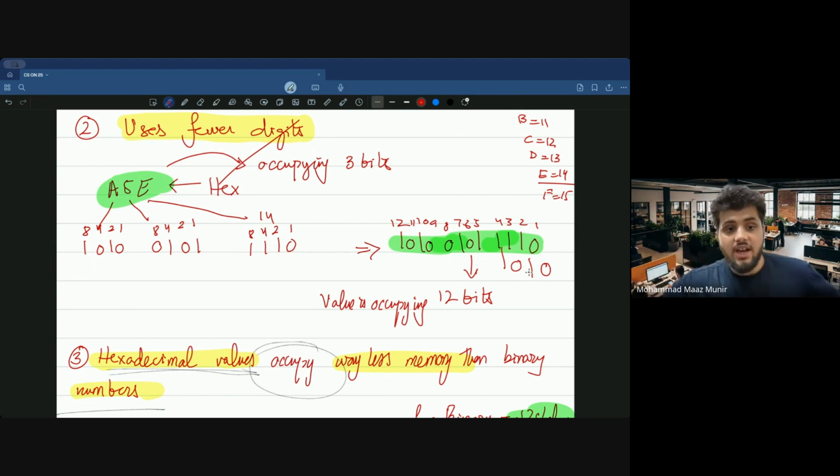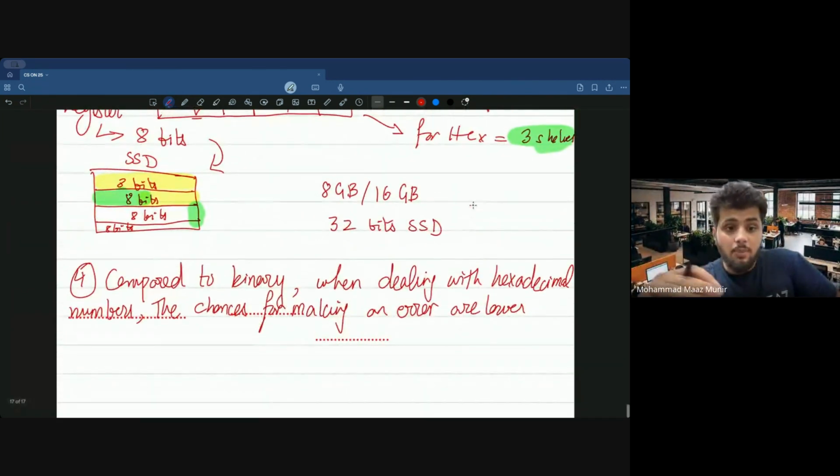Whereas if I only deal with A5E, maybe the maximum error I might create is that I change one of the 3 digits. But up here, when dealing with binary values, I can change any of the 12 binary digits, which means I have a way larger chance of making an error. Is that clear? We can make much larger errors.